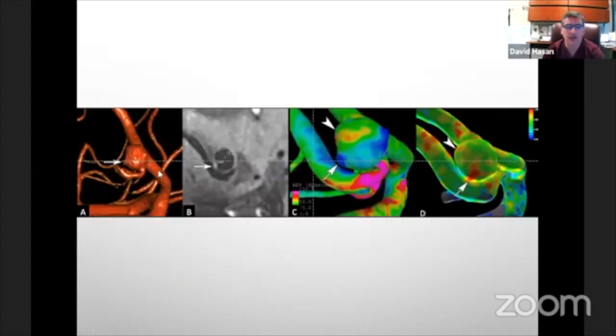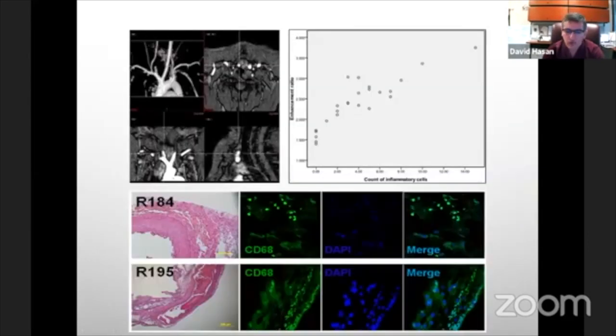You can see here the 3D of the daughter sac. It shows focal enhancement, and the third panel, C, is the low wall shear stress. So we have a lot of studies, and we're going to publish it; it's coming out in AJNR. Also, groups from Germany and the Netherlands have already published and shown that the enhancement in the aneurysm is truly a surrogate biomarker for low wall shear stress.